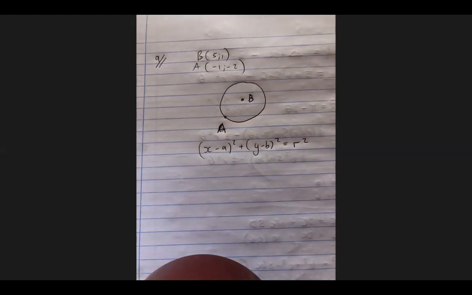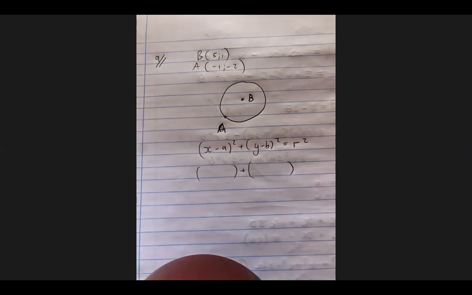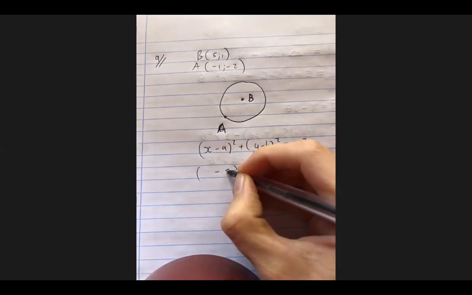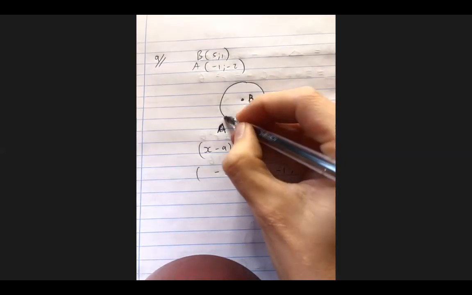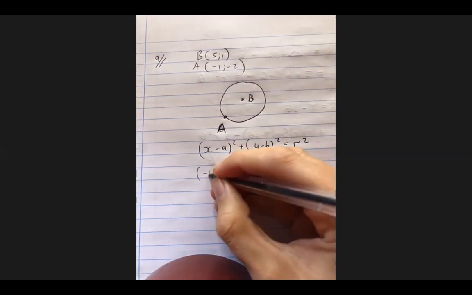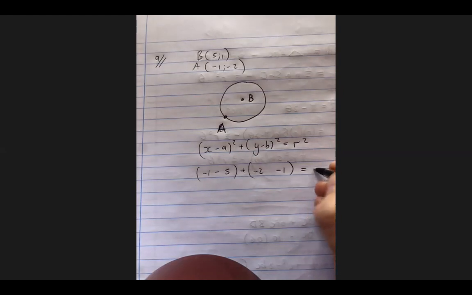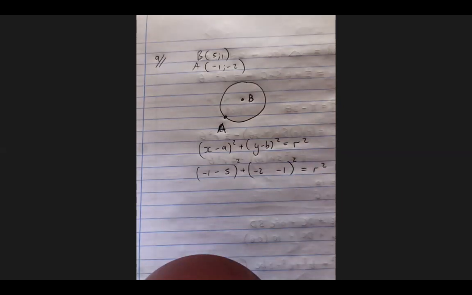Okay. What I would love to do first of all is sub in my center. So when I sub in my center, I do it into small a and small b. And then I would love to sub in my coordinate that lies on the circle. That you do into x and into y. And that will give you r squared. So you can literally just type that in. Just don't forget these little squares. Type that in, see what you get.